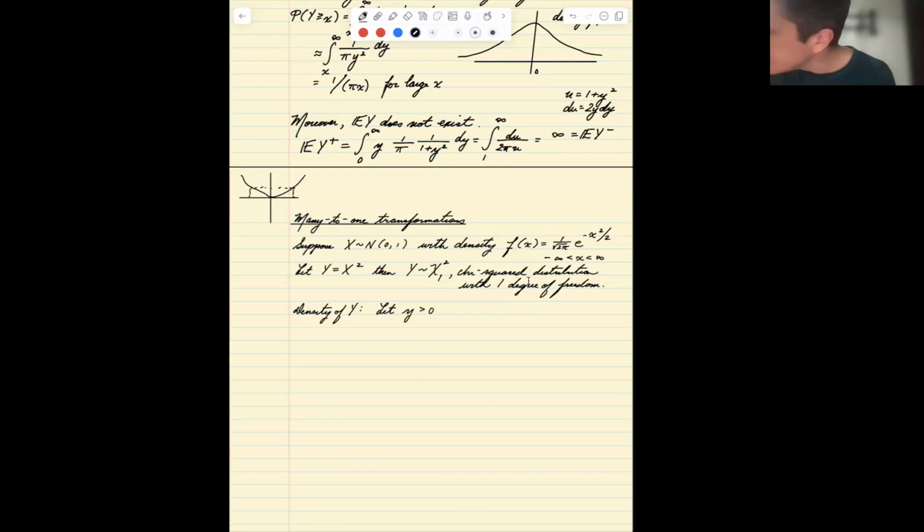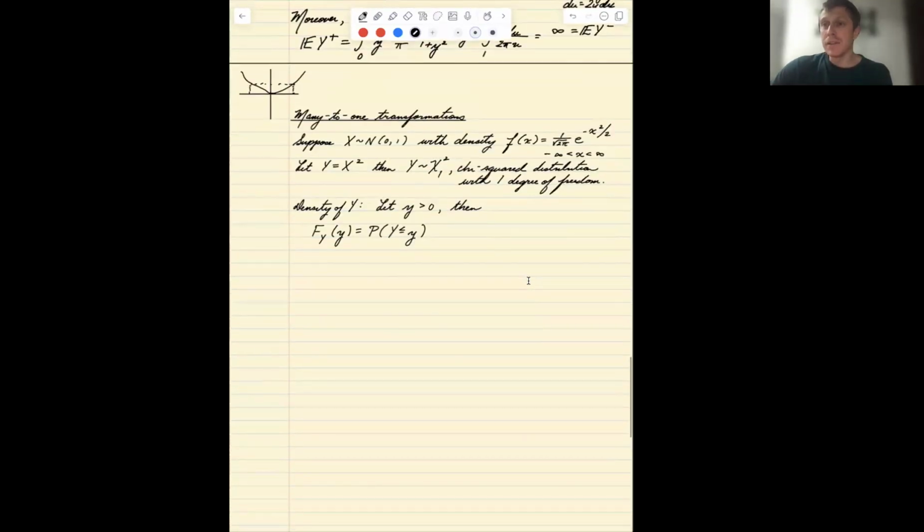Just because we don't have a theorem that directly applies doesn't mean we can't work with it. A distribution is determined by its distribution function. So we just work from that definition.